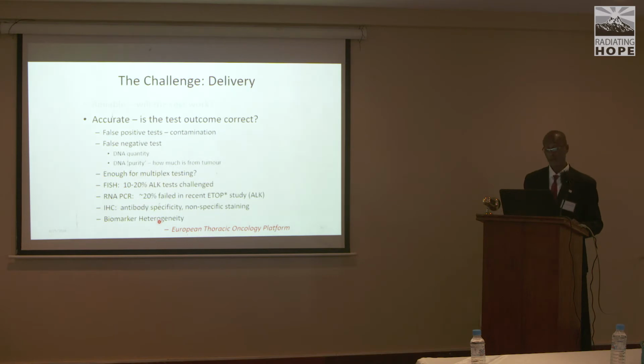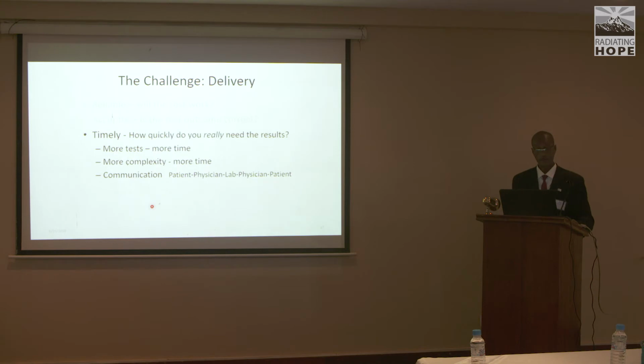And then before we expect that really immunohistochemistry, biomolecular heterogeneity will help. Timeliness: how quickly do you really need the result? More tests, more complexity, communication between patient, physician, lab physician, patient.